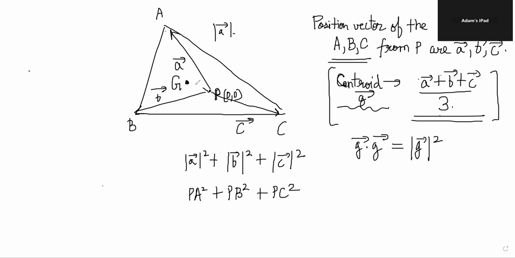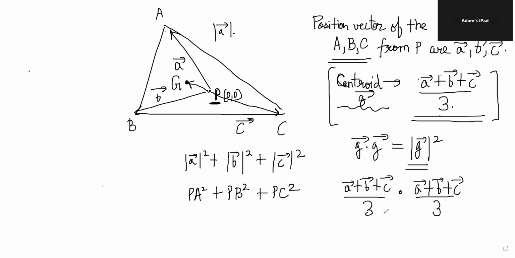This is G, so this vector's length I need. PG square is mod of G square because P is the origin. So I have to do A plus B plus C by 3 dot product with itself, A plus B plus C by 3. So it becomes 1 by 9.